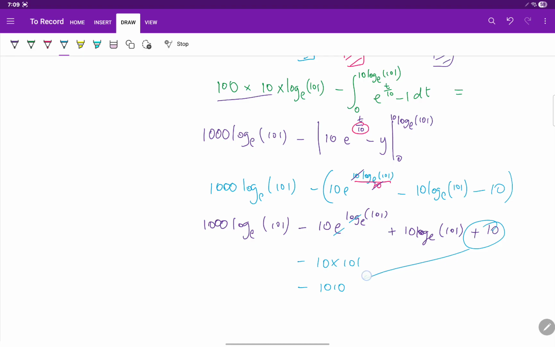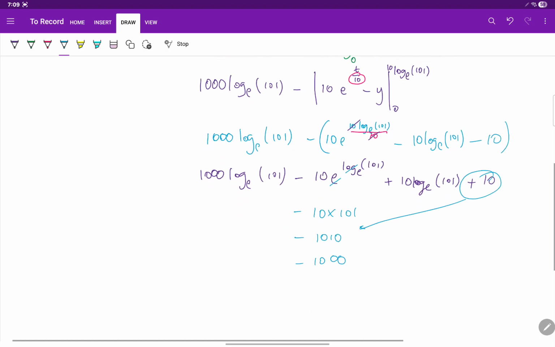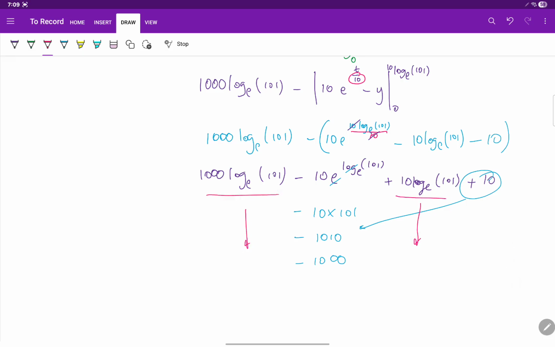And then from here, we're going to add the 10, so that becomes negative 1000 for that side. And we're just going to tie in everything else now. We're going to bring those two things down. So actually, these two can be simplified together. We get 1010 log e 101 when you simplify those two pink things, minus 1000. And that should be your area for that particular integral.